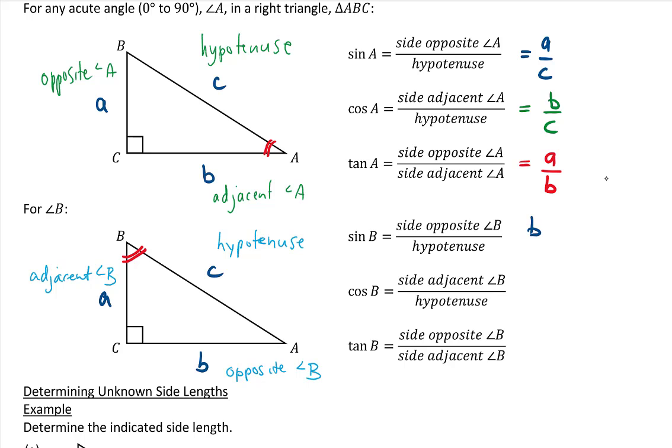So that would be B over C. The cosine would now be A over C, the adjacent to angle B over the hypotenuse, and the tangent will become B over A. So depending on which of the non-right angles you look at, that'll decide what your ratio will look like. So it's either going to be this angle or this angle. We don't worry about the 90-degree angle.